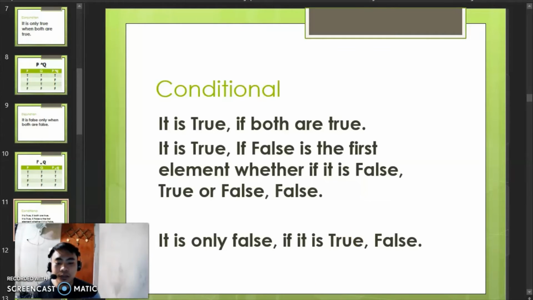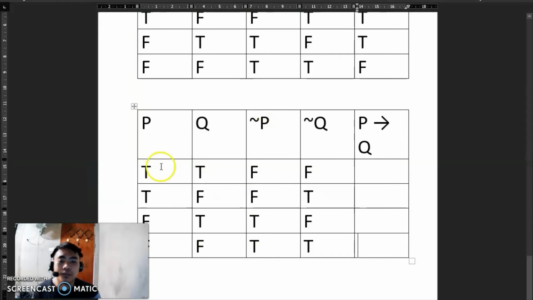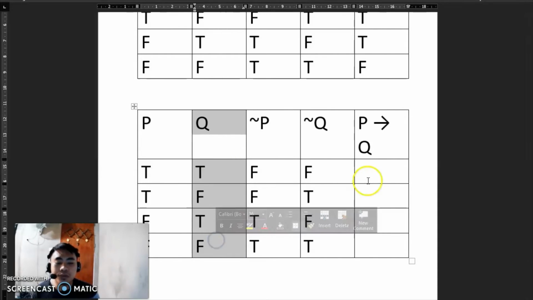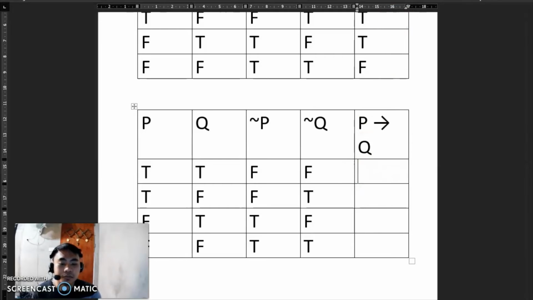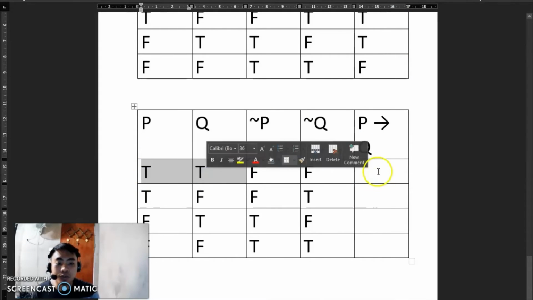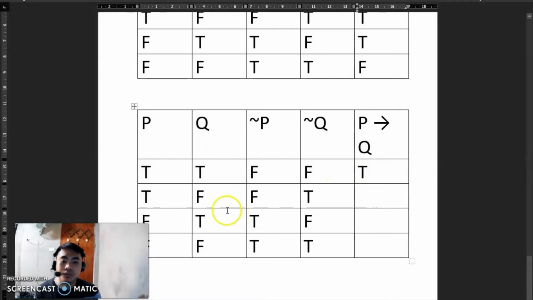Okay, let me go back to our presentation. Ito uli po ang element ni P. Ito naman po ang element ni Q. Una nating element, true at true. So, this will become true.